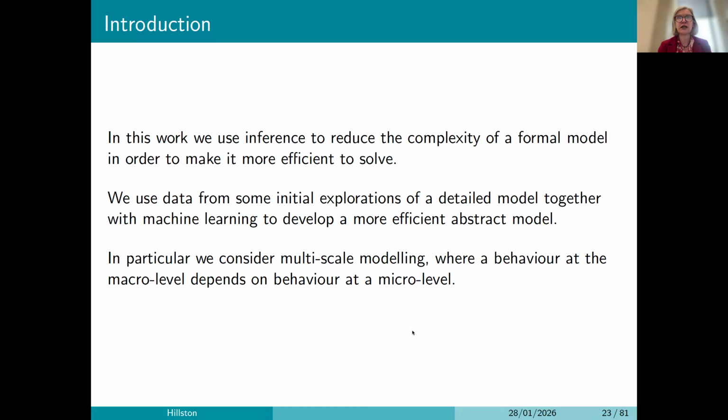So in particular, what we're looking at is a problem of multi-scale modelling, where we have different levels of behaviour, if you like. So there is a behaviour at a macro level, which depends on the micro level, and vice versa. So we've got basically the interaction between two models, which gets quite costly to run even in simulation.